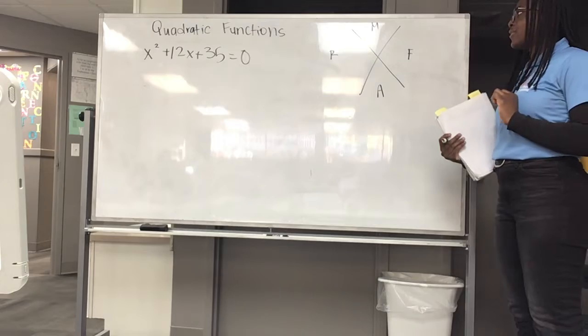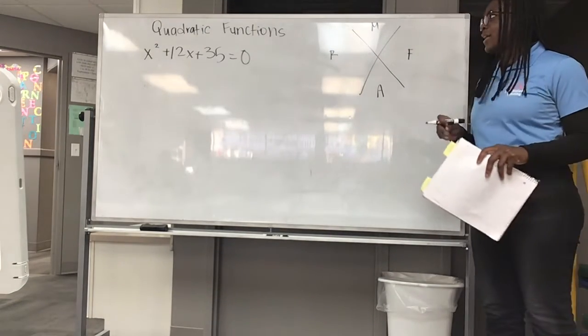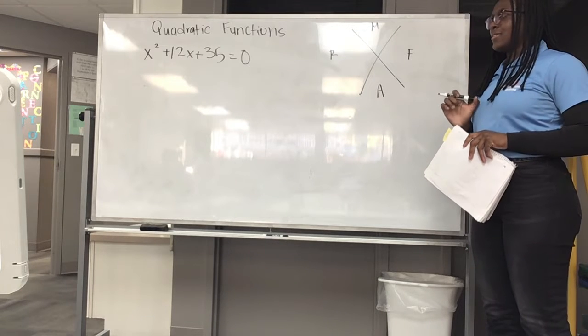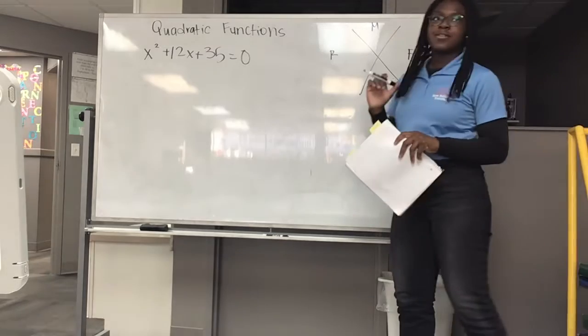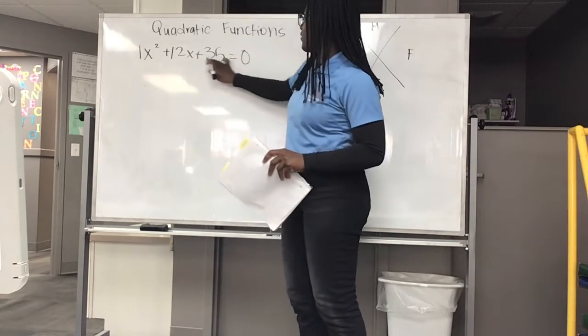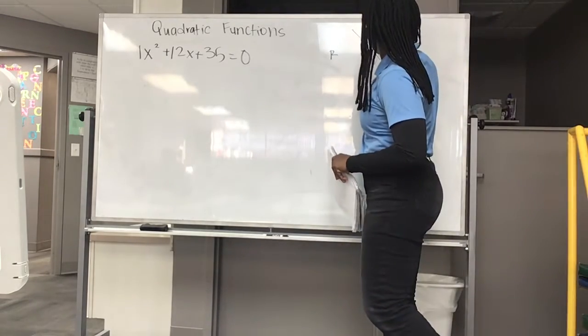Multiply. Yeah, multiply. So what two numbers are we going to multiply? Yeah, A and C. So A is technically 1 and C is 35. So 1 times 35 is 35.